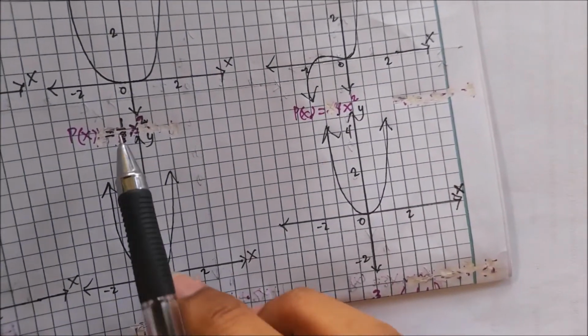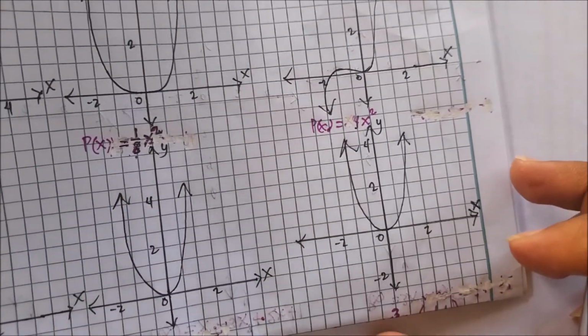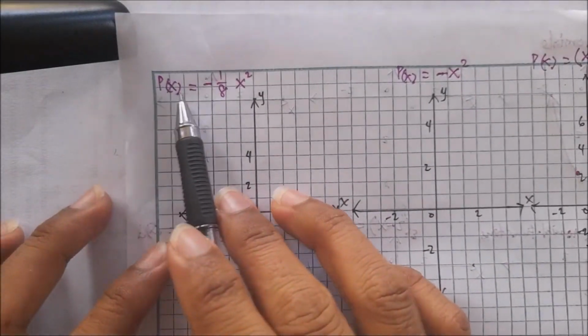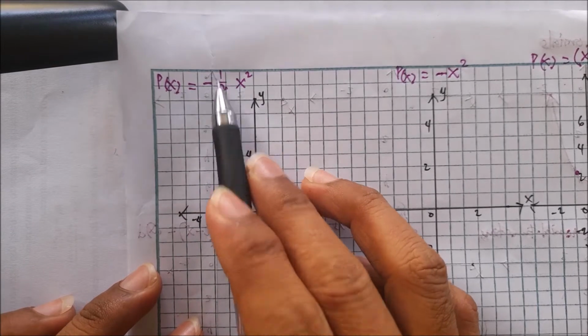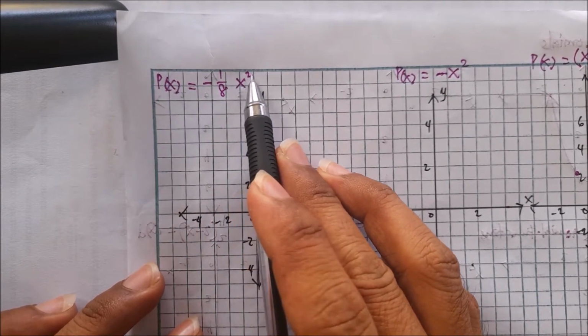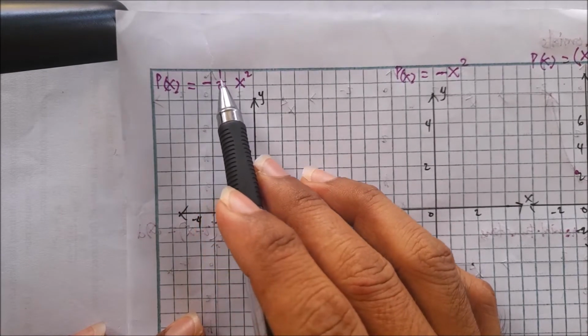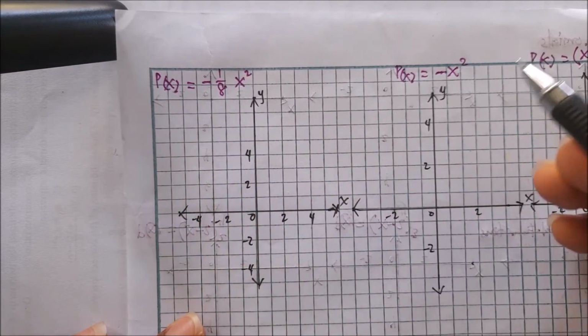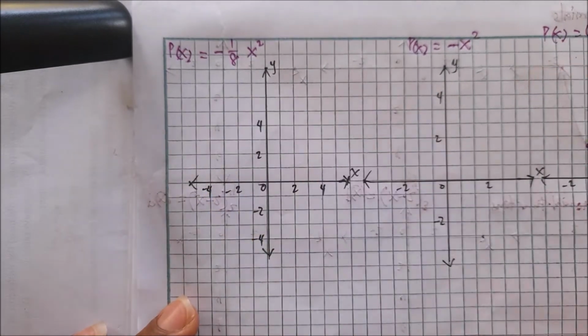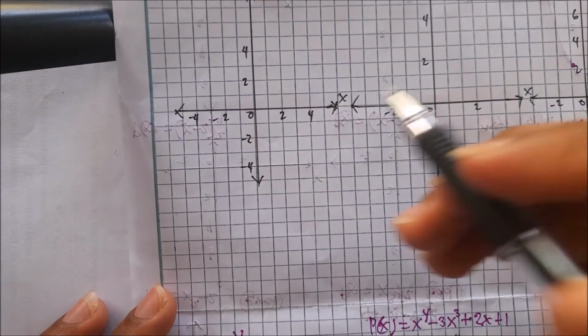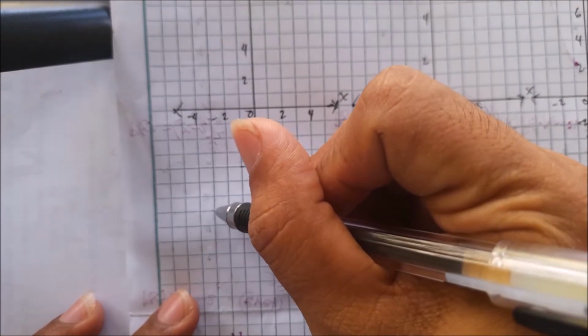How about if the coefficient is negative? What is the form of the graph? p of x equals negative 1 over 8 x raised to 2. The given equation has a negative coefficient, so the form of the graph is downward.